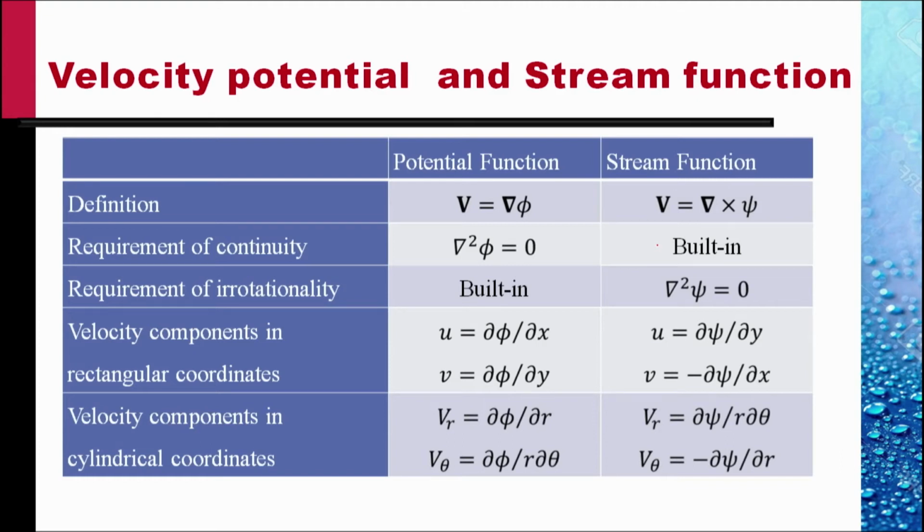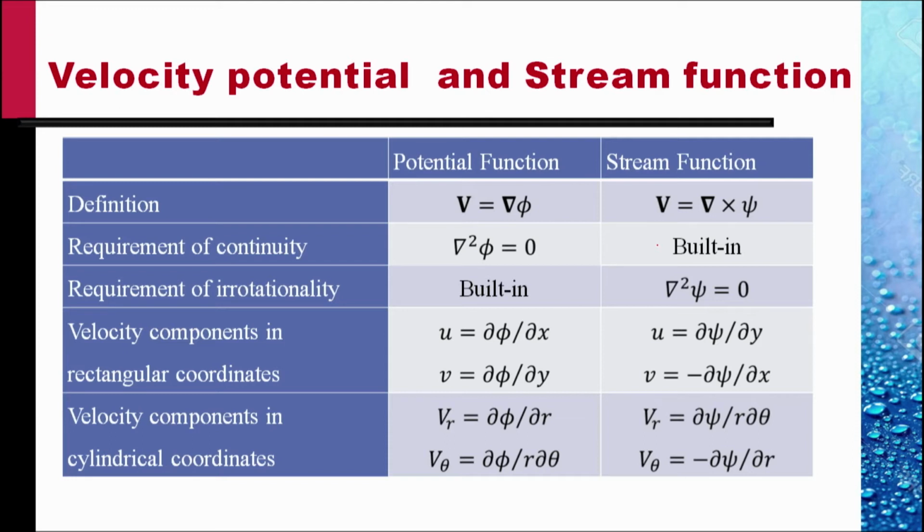To summarize the velocity potential and stream function once again, the definition of potential function is that V is equal to del phi. For the stream function, it is V is equal to curl of psi. The continuity requires the potential function to be del square phi is equal to 0. This requirement is built in into the stream function.